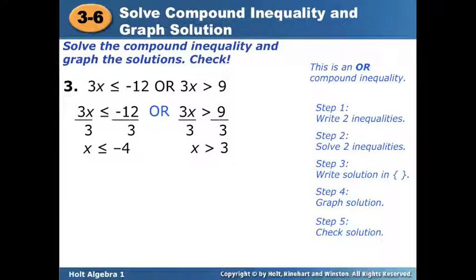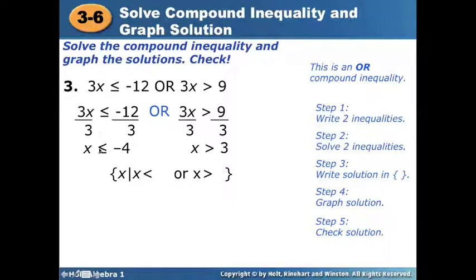Now follow the format for an OR set notation. It is the set of all x's such that, with our variable going first for an OR compound inequality. Put your numbers least to greatest, so the -4 will go first.